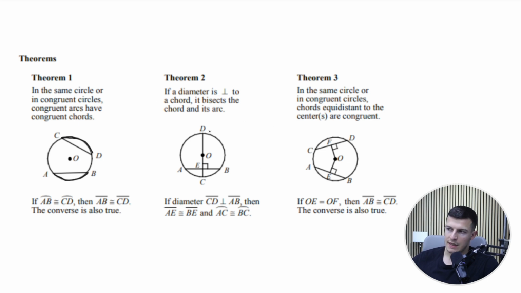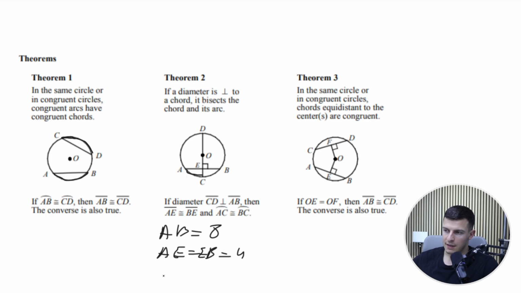If a diameter is perpendicular to a chord, it bisects the chord and its arc. Meaning, if AB is equal to 8, then AE is going to be equal to EB, and that's going to be 4. And same goes for the arc.